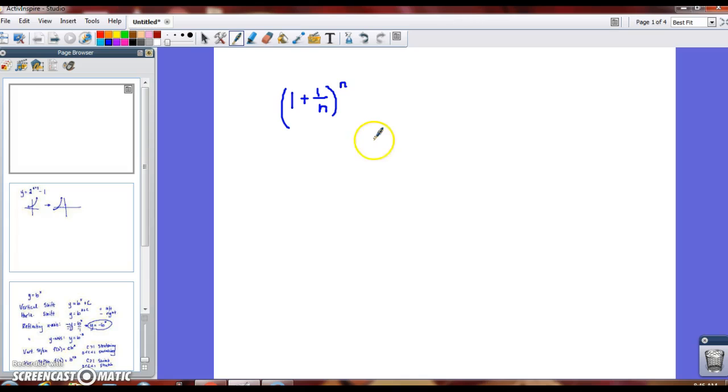It actually approaches this decimal, and it gets closer and closer to this decimal, 2.71828 something. It goes on and on and on. And so that number is considered the natural base. Okay, and that's what e is.